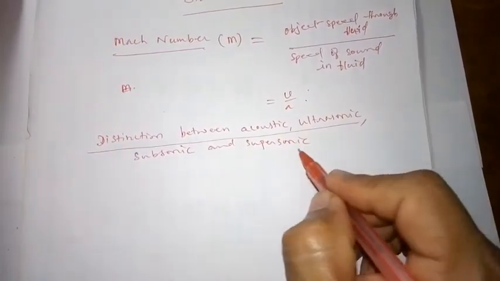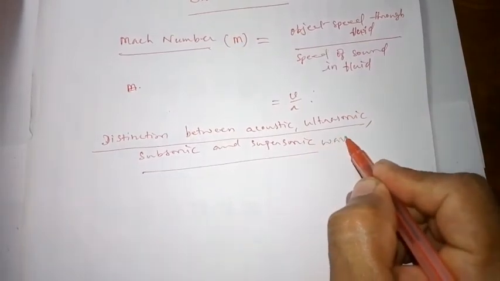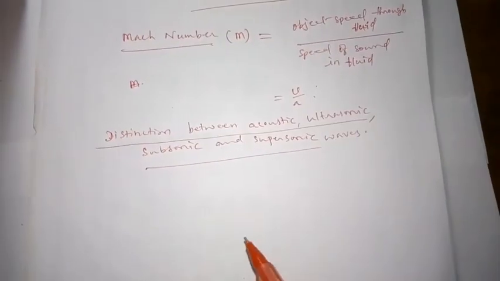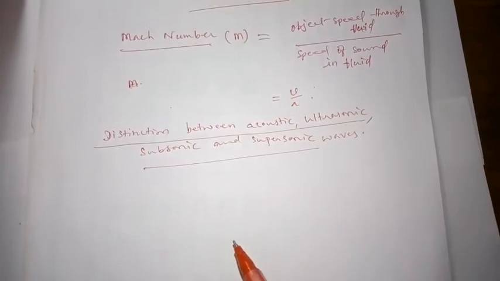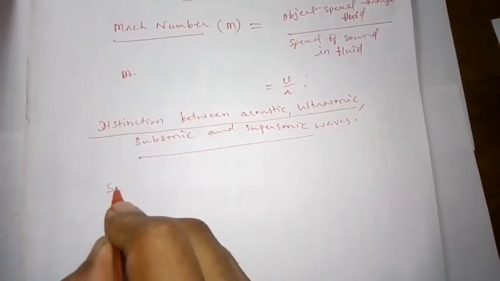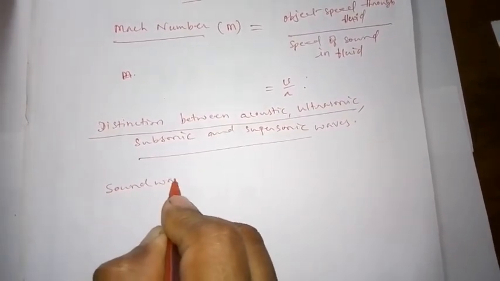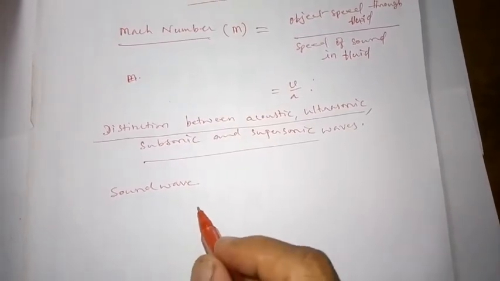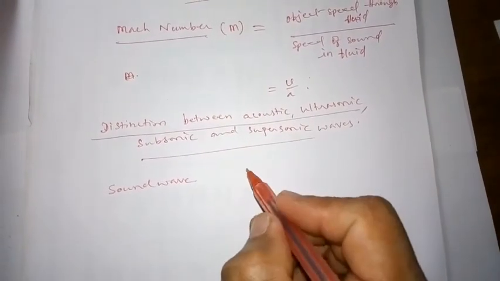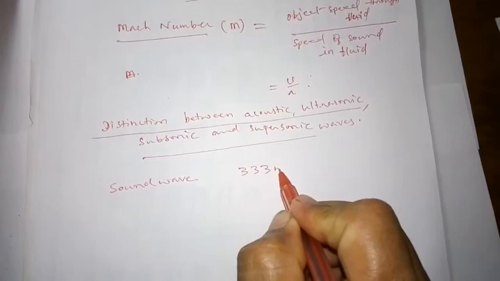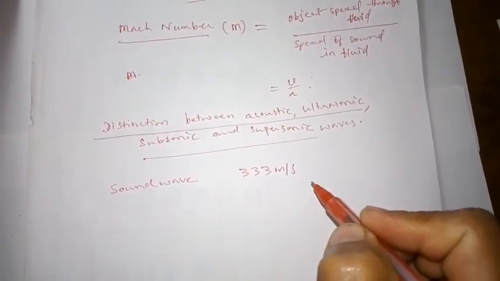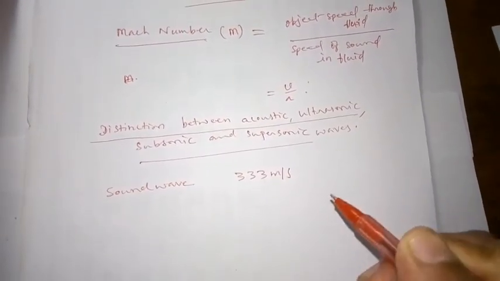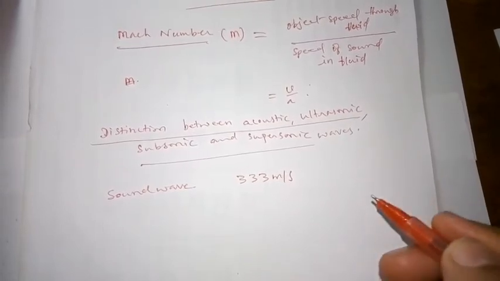So acoustic waves are classified in two different ways. An acoustic wave is simply a sound wave. It moves with the speed of 333 meters per second in air at standard temperature and pressure.